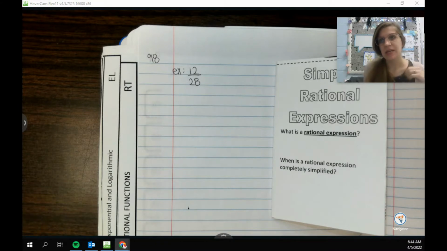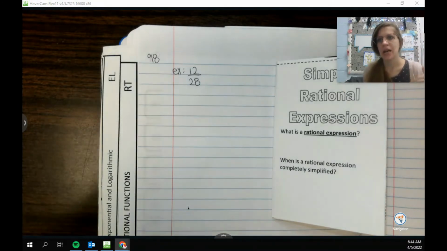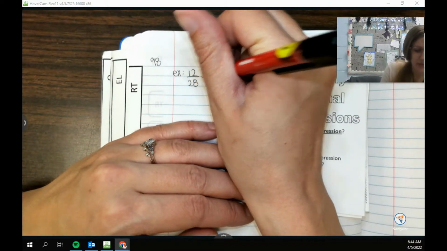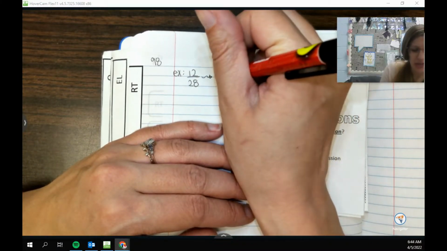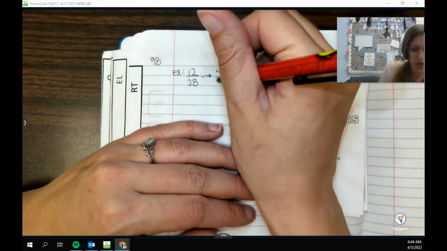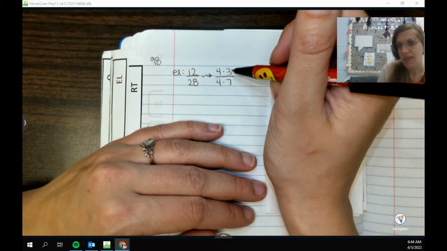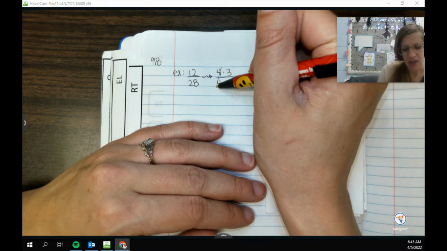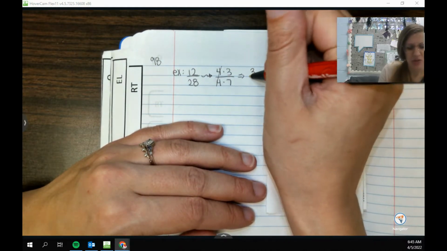Because we are dividing, if I can divide the same number on top as I have on bottom, that's a 1, and so I don't really need that. So I can rewrite this fraction as 4 times 3, because that's still 12, over 4 times 7, because that's still 28. Because I have these 4s, they divide out to 1. And so my reduced simplified fraction is just 3/7.